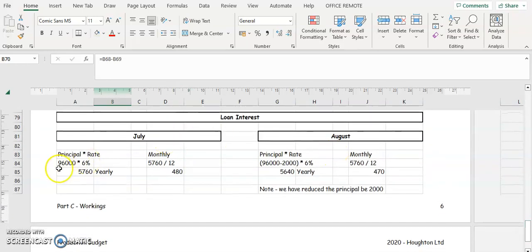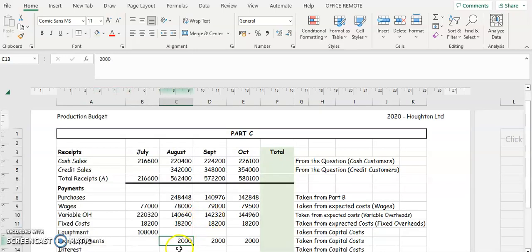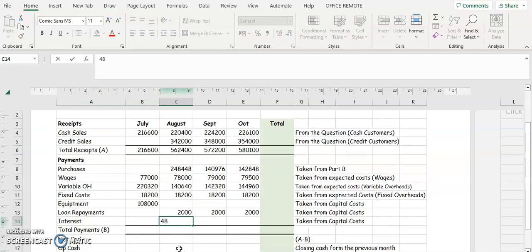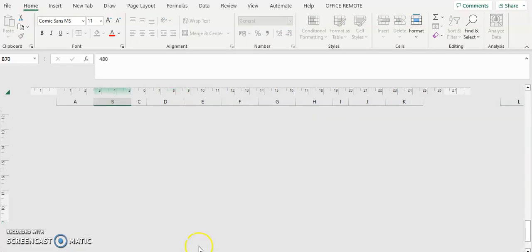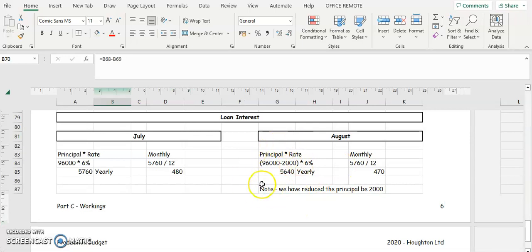So for July, it's 96,000 multiplied by 6%, which gives you 5,760. That's for the year. We're going to divide that by 12, so it's 480 per month. Remember, that doesn't start until August. So we've got 480. Next then, because our principal has gone down, remember we've paid 2,000 already off our principal, so now it's going to be 96,000 minus 2,000 multiplied by 6%.